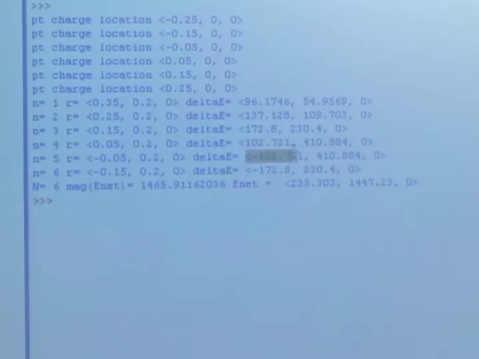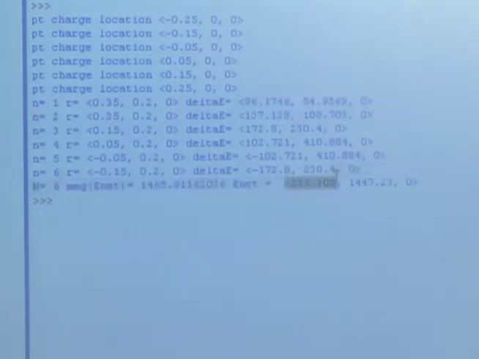And then when you go past that point, we got negative 102.7, 410.9. So the x component, as we said, just changed sign. Y component stayed the same. And so from segment 3 to segment 6, the x components are all canceling out. We're only getting y components. And so segment 1 and 2 were the only ones that contributed a net x component.